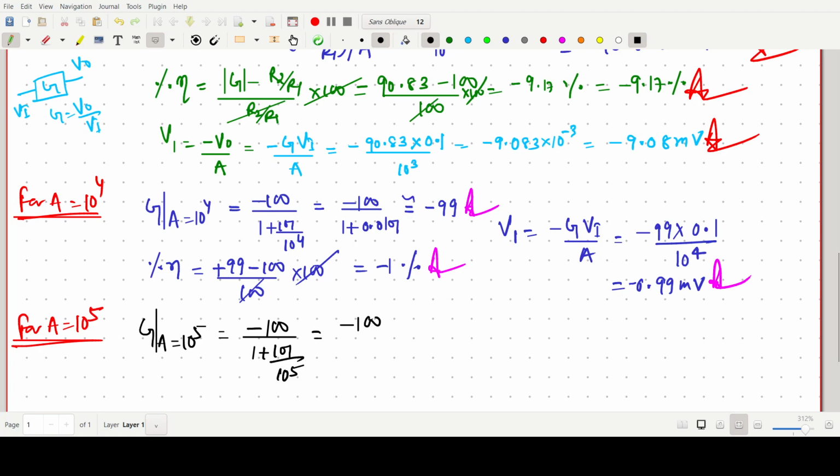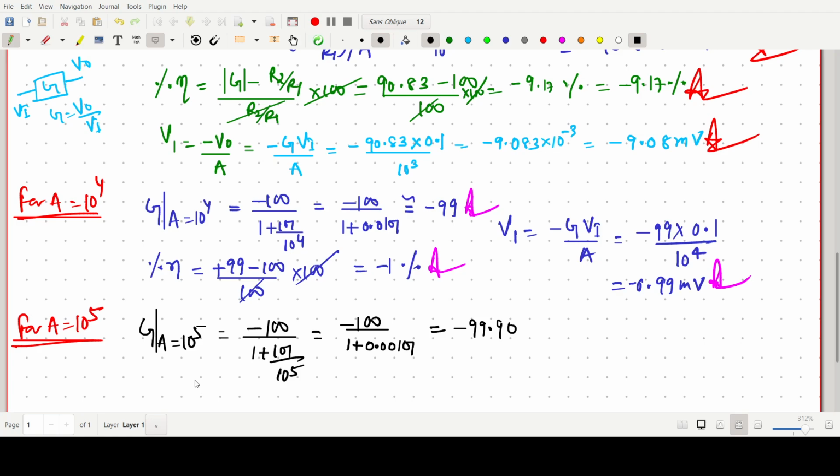If we solve this, 100 by 1 plus 0.00101, overall it will come to minus 99.90. So the magnitude will be 99.90.